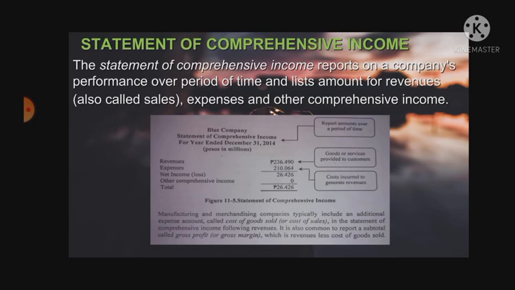Other comprehensive income. Other comprehensive income comprises items of income and expenses including reclassification adjustments that are not recognized in profit or loss as required or permitted by Philippine financial reporting standards.